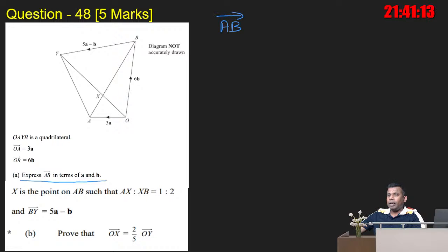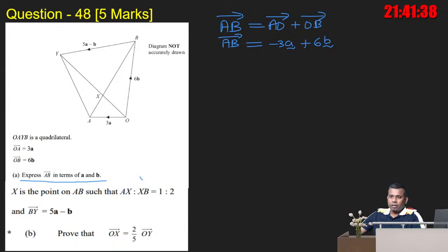AB, you can write a vector equation, A to O plus O to B. A to O is minus 3A plus 6B. That is A to B. So A to B is minus 3A plus 6B.